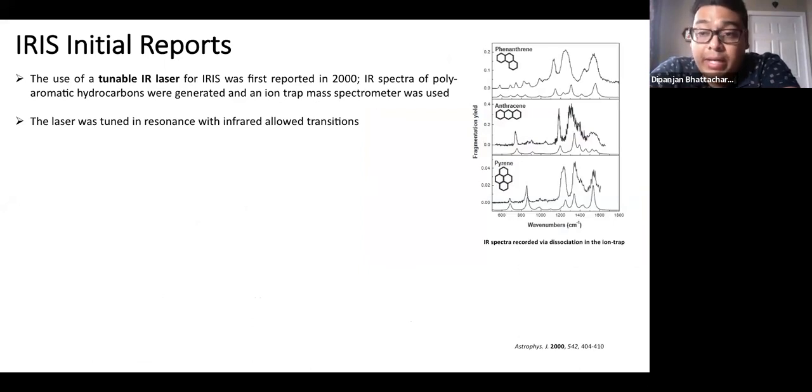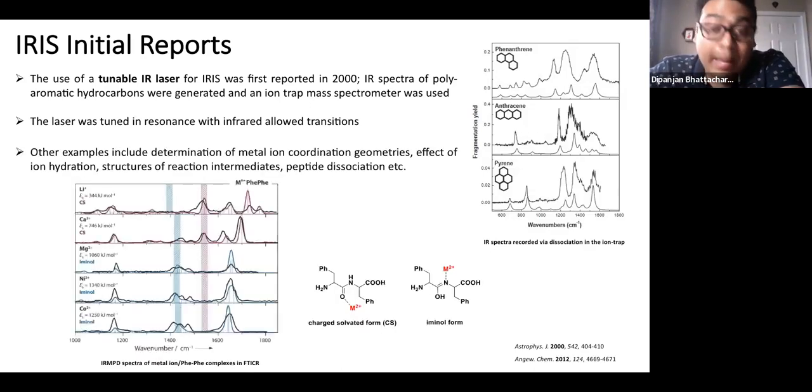There's a pretty good match to tell you which polyaromatic hydrocarbon this is. For the tunable laser, you can tune the laser to go in resonance with the IR allowed transition, so you can actually see which transitions are happening.